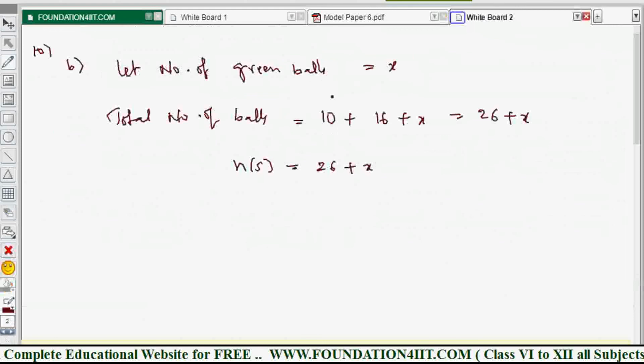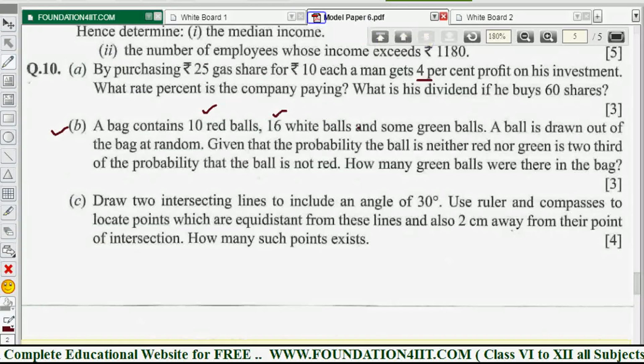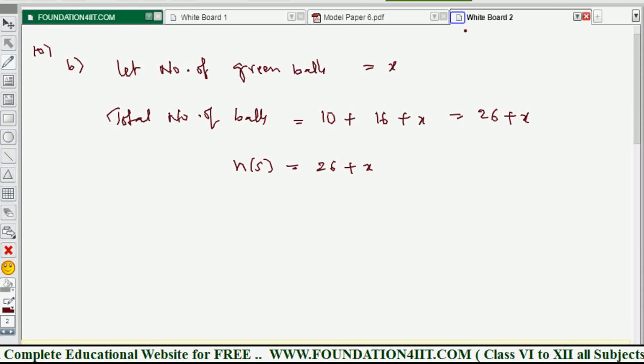Then as per the question, if you observe the question here, the probability that the ball is neither red nor green is 2/3, so 2 by 3 of the probability that the ball is not red. Okay, let us take this statement. One is the probability P, that the ball drawn is neither red nor green.